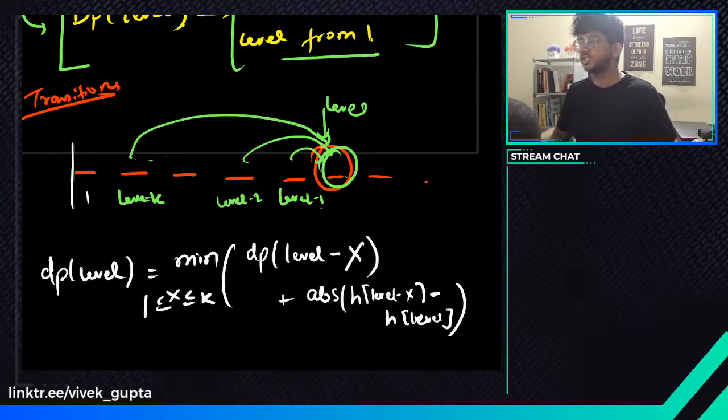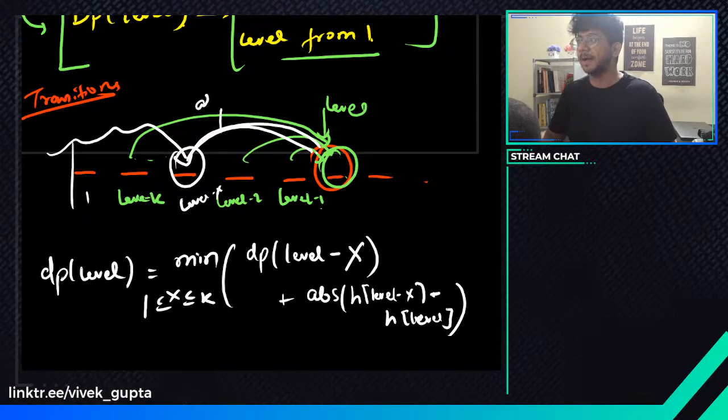That's the cost of this jump. So if you're jumping from some level minus x, what is the best way to reach that, and then this jump is going to cost you the abs of the difference of h of level minus x and h of level, and so on. That's the whole thing.